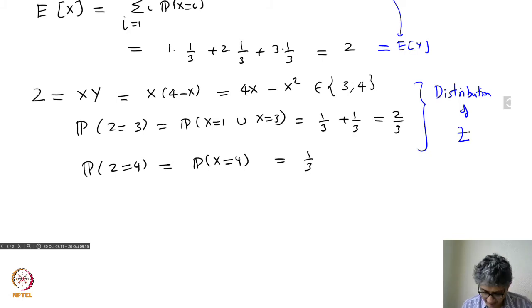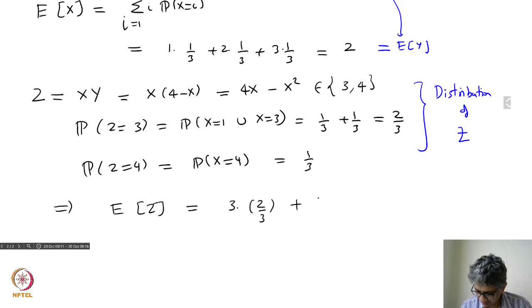So now this implies the following: E of z is going to be what? Z takes two values, value 3 with probability 2/3, and value 4 with probability 1/3. And that's going to give you 6 plus 4 over 3, which is 10/3.